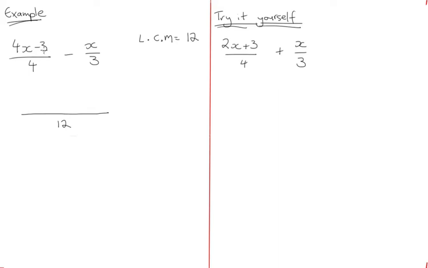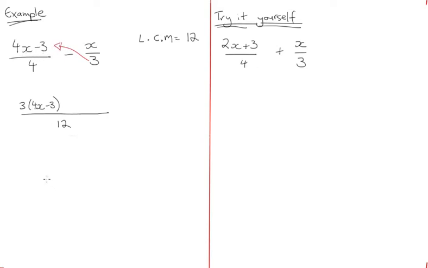Then this 4x minus 3. Because this 4 had to be multiplied by a 3 to become a 12, this 4x minus 3 is going to be multiplied by 3. Do you remember yesterday we were talking about the crisscross method? Here we can actually use the crisscross method. So this 3 is going to be multiplied by this 4x minus 3.